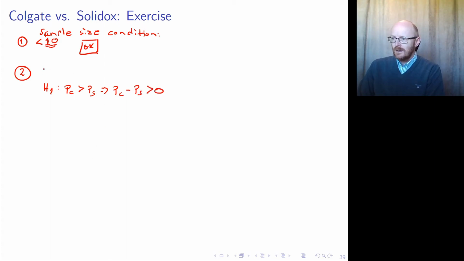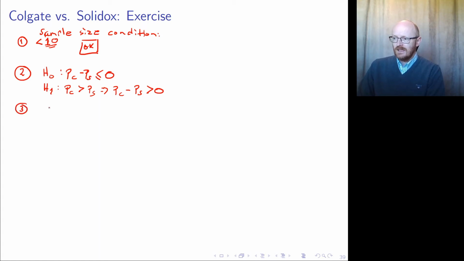The null hypothesis is the rest of the possibilities, so this difference in proportions would be less than or equal to 0.